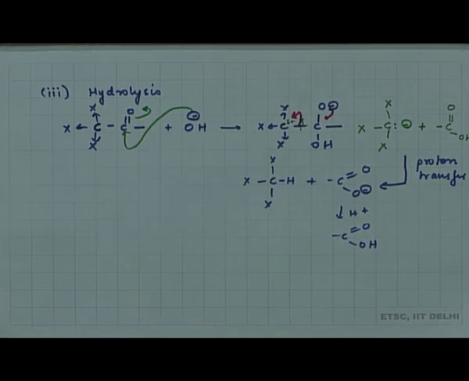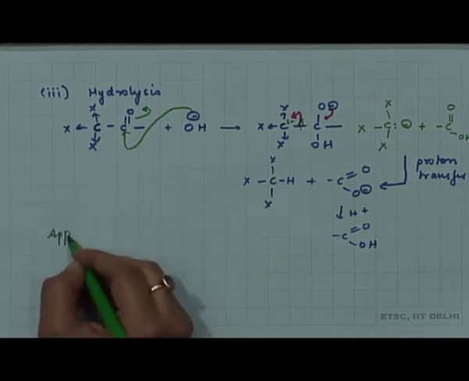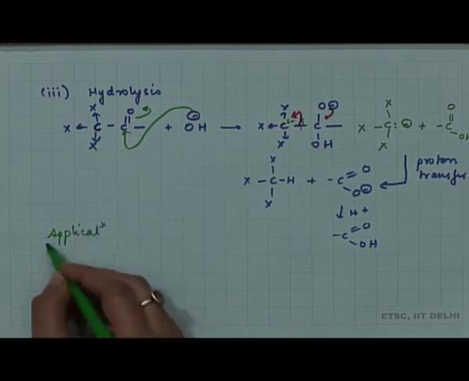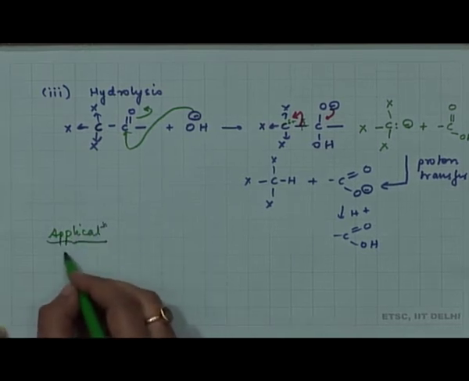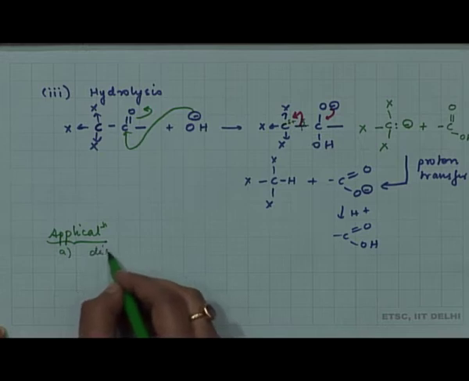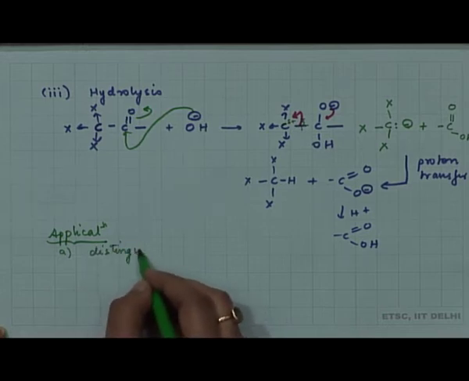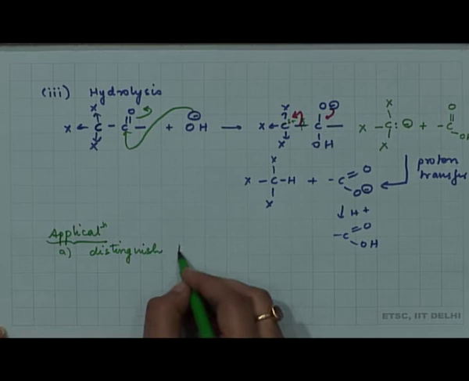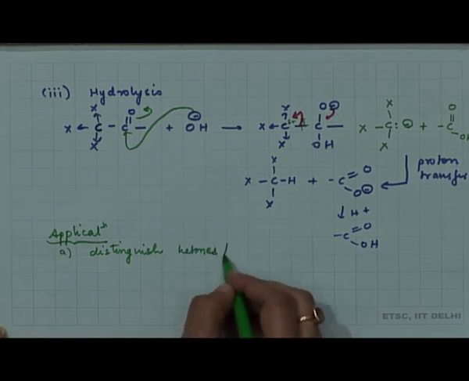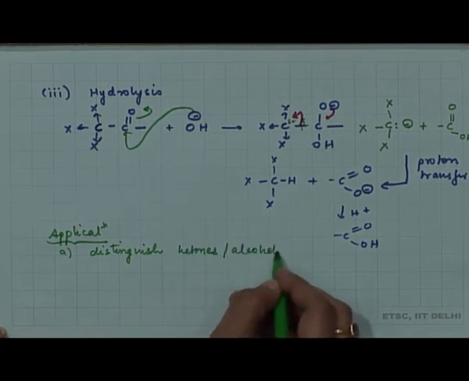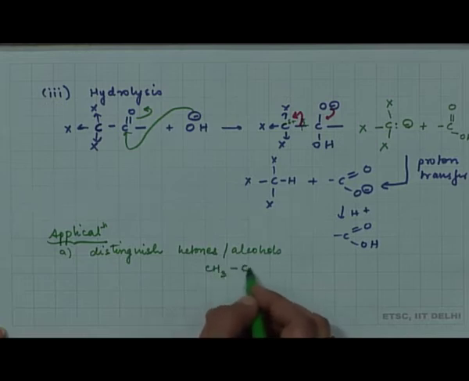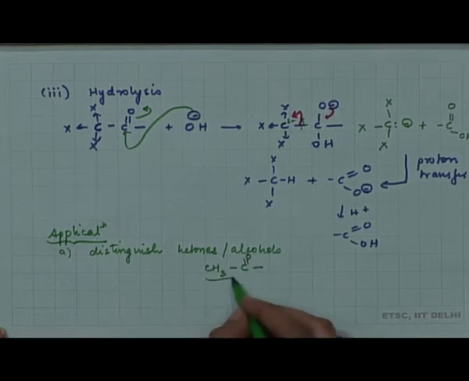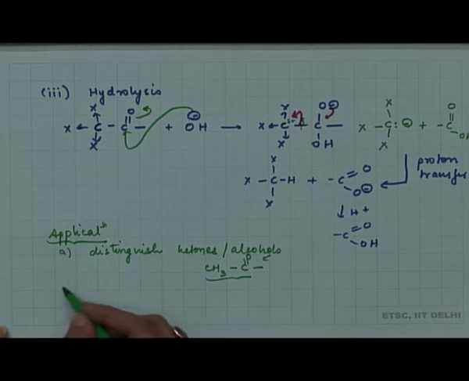So, if you look at the application and the importance of this reaction, it can distinguish those aldehydes and ketones, where the only aldehyde is acetaldehyde. It can distinguish those ketones and alcohols which have a CH3CO unit, or which are capable of generating the CH3CO unit in the case of alcohols.